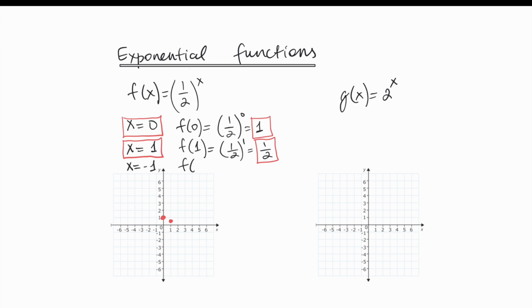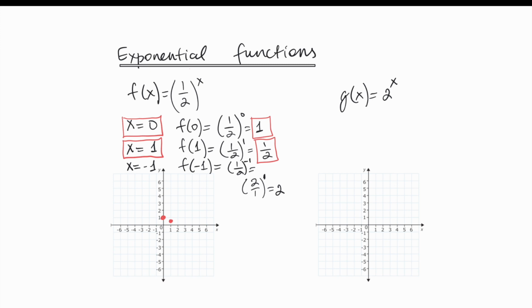That means I'm finding f of negative 1, which is 1/2 to the power of negative 1. Now, what does a power of negative 1 do to a number? It flips it. It does not make it negative. So instead of 1/2 to the power of negative 1, I will have 2 over 1 to the power of positive 1, which is just a 2.